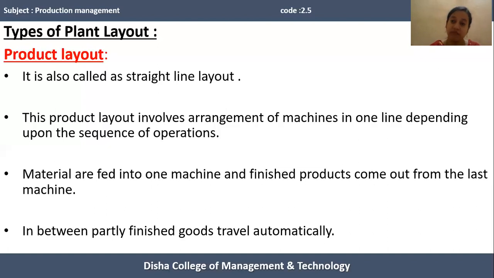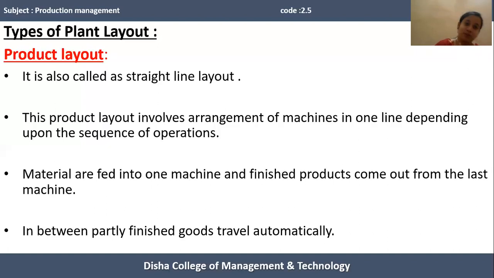After that, if the manufacturer wants to color the fabric, then there is a requirement of a dyeing machine, and the cotton fabric prepared in the knitting machine can be moved automatically to the dyeing machine for coloring. After that, the fabric can move to the finishing machine for removing some extra thread or unnecessary things, so that at last the manufacturer is able to get a pure cotton fabric.